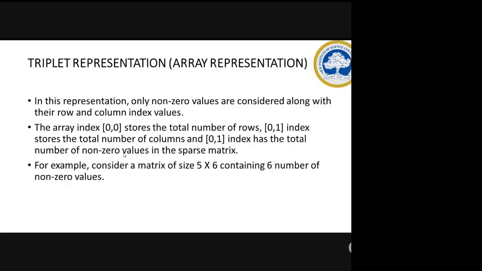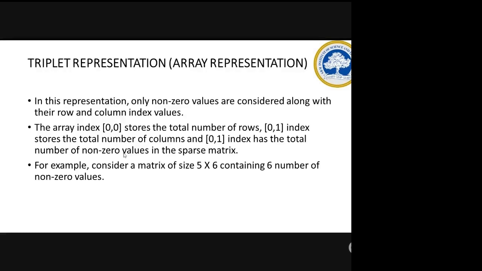Triplet representation is like our array representation, but only the non-zero values are considered along with the row and column index values. The remaining zero values we are not going to look into at all.